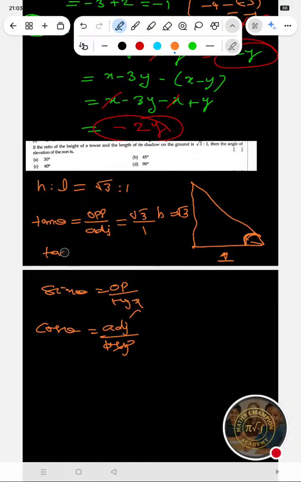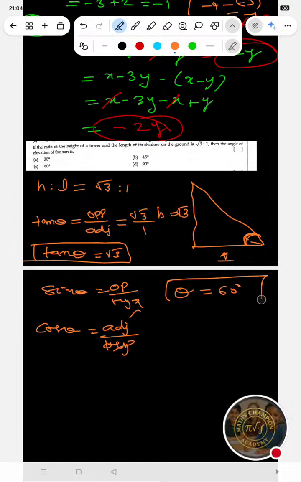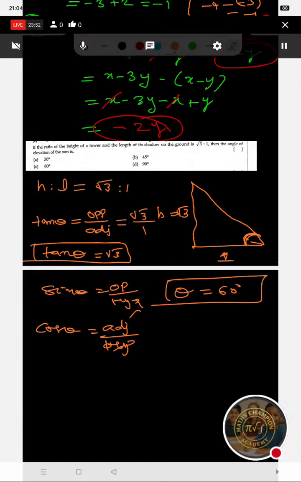Now tan theta is root 3, which means the theta value is 60 degrees. We already know this, so it is 60 degrees, option C.